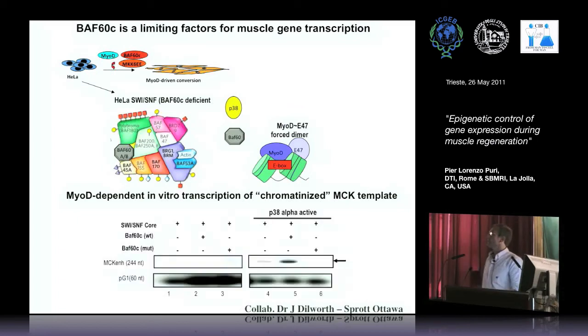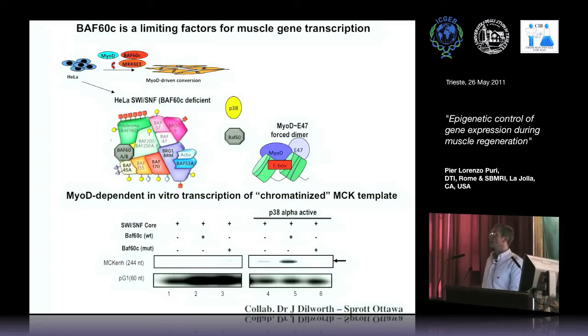And as you can see, in the absence of BAF60C, you have to assume that MyoD is always present. So MyoD with the SWI/SNF core complex from HeLa does not activate transcription.